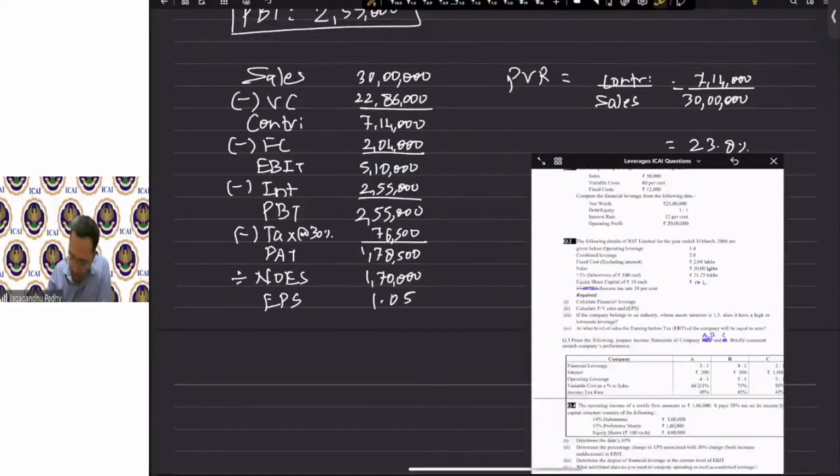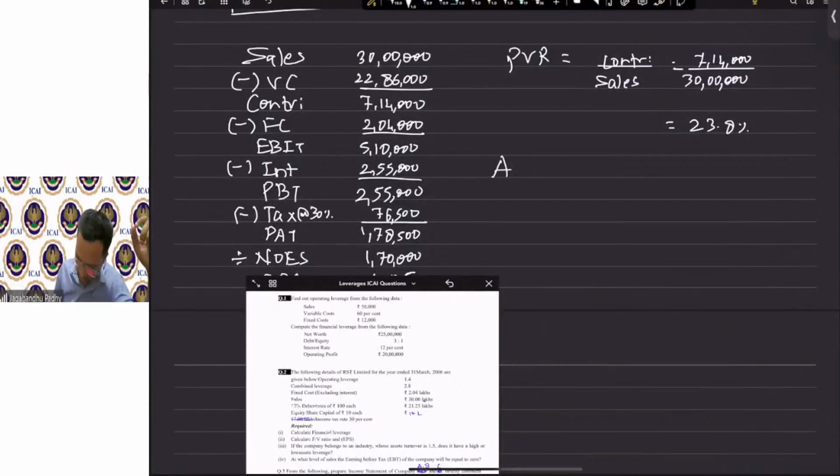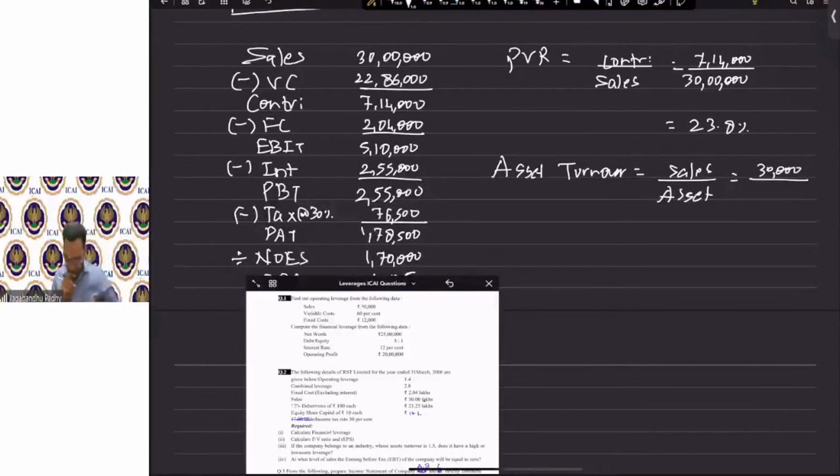Then, if the company belongs to an industry whose asset turnover is 1.5, does it have a high or low asset leverage? So we need to look at the asset turnover of the given entity. Let's compute the asset turnover. Asset turnover is sales divided by assets. Sales was 30 lakh upon total assets of the entity.